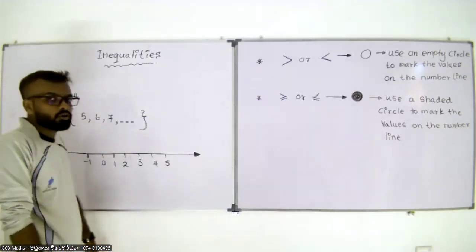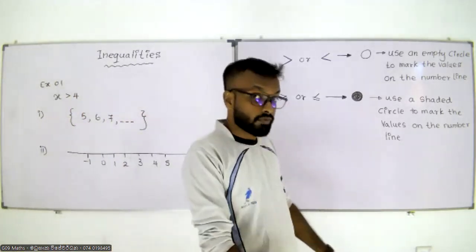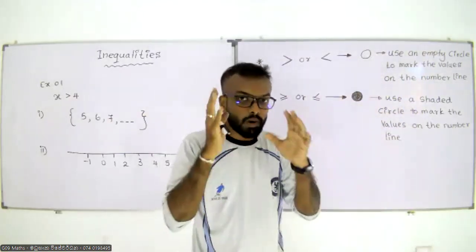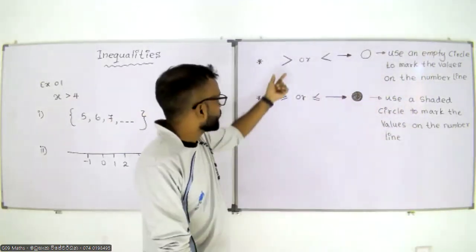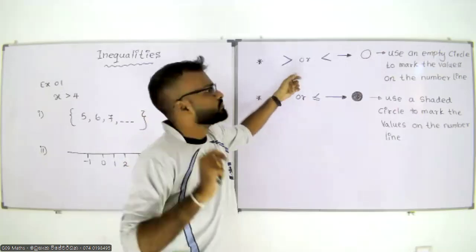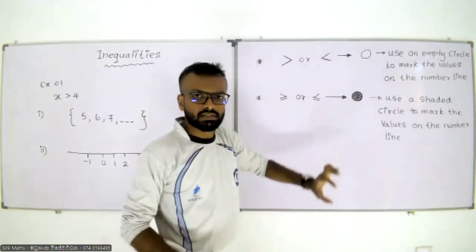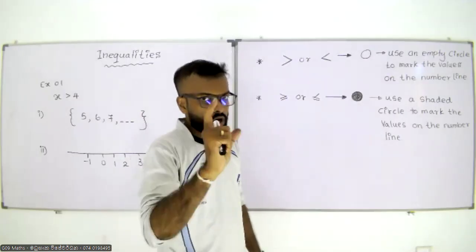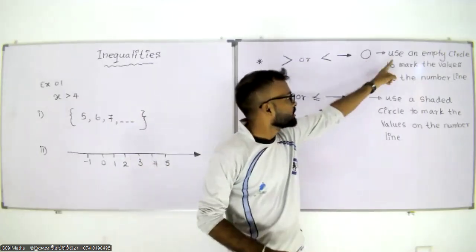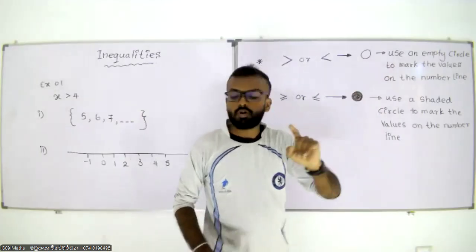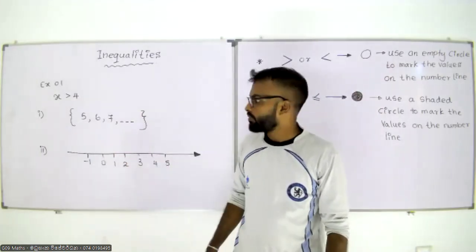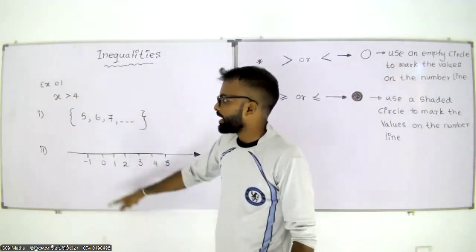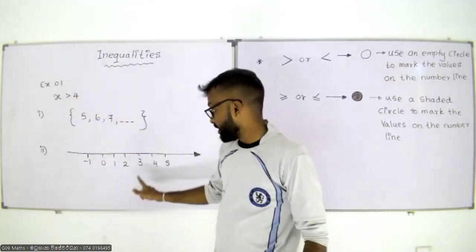Now the first value that we are going to mark is 4. But I told you, when you are marking on a number line, if you have only the greater than inequality, you have to use an empty circle. It begins from 4. Where is my 4?